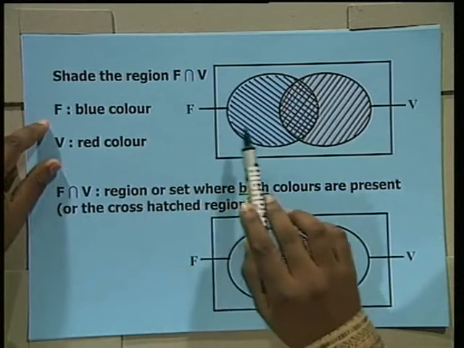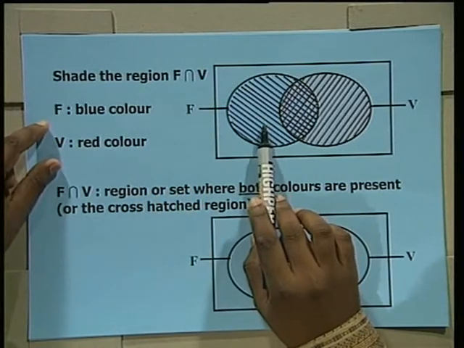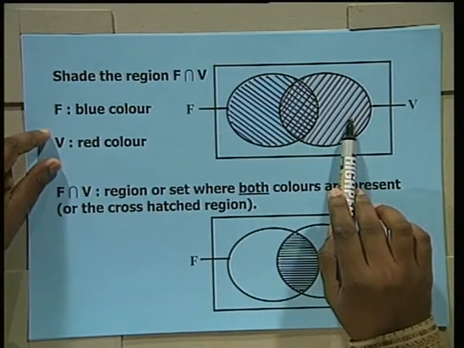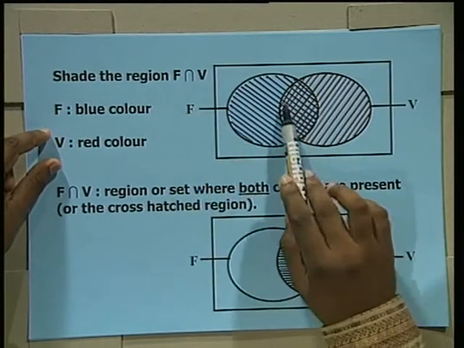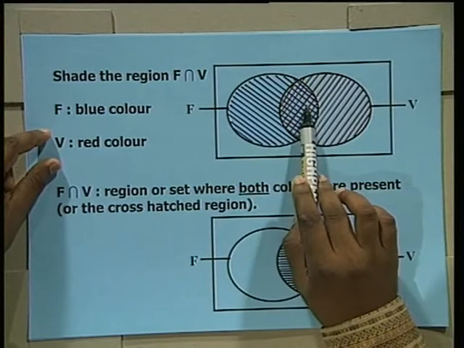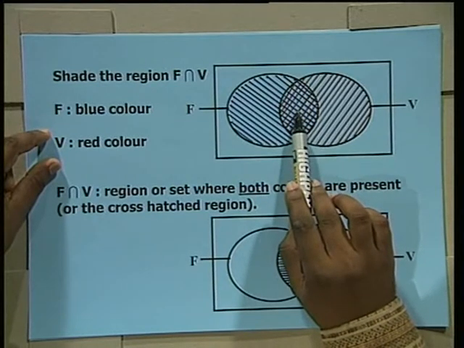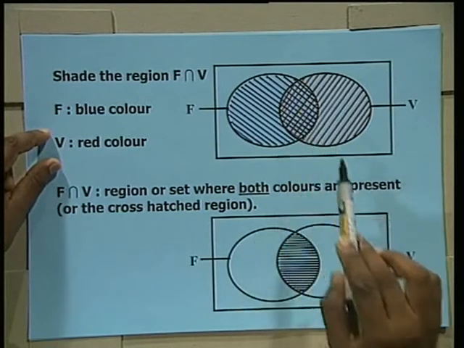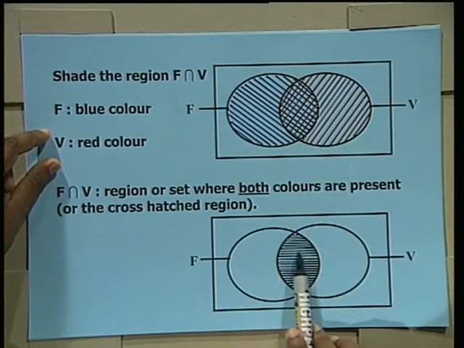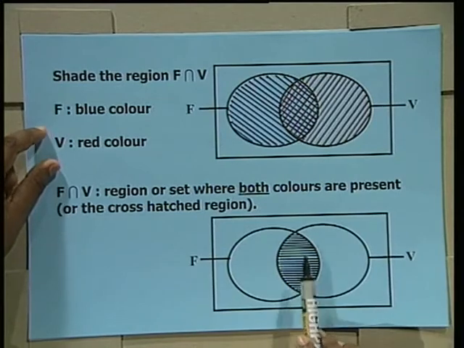We have shaded the set F in blue and the set V in red. And the intersection is the region in which both colors are present, or the cross-hatched region. This region is the region F intersection V. We have drawn it again for clarity.